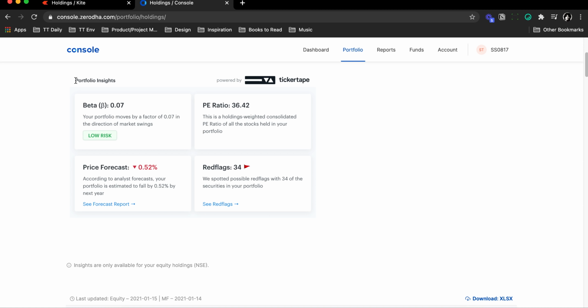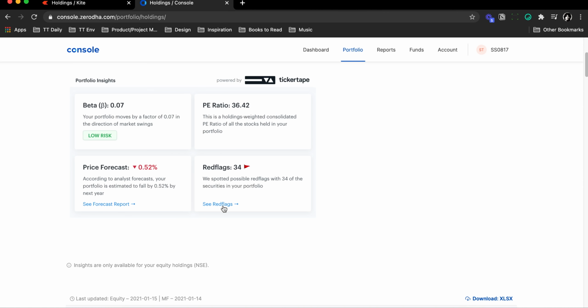Typically that's not a good indication, and the pledged promoter holding value should typically be pretty low. But in the event that the promoters of some of the companies you've invested in have pledged their holdings and maybe taken a loan against them, we highlight that as a red flag. And lastly, we look at whether they are present in either the ASM or the GSM list. So as you can see, there are 34 red flags highlighted as part of this portfolio.